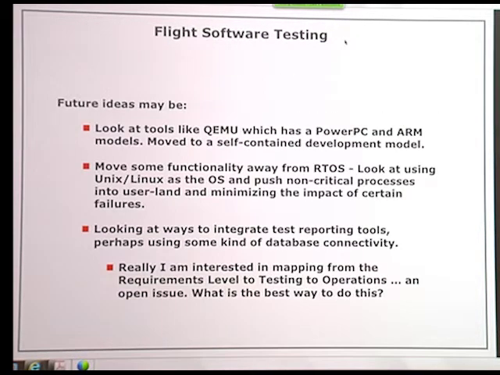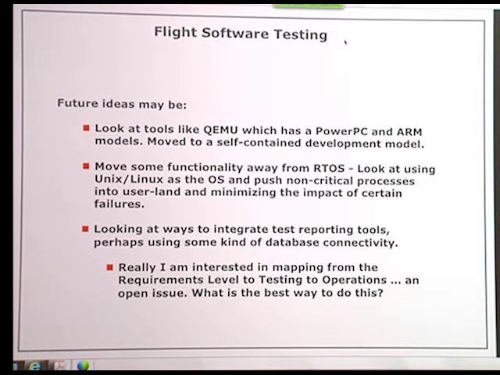And so, going on, in future ideas, I'm really interested in sort of improving this process. So at the testing level, we use a tool called WISDIS, which provides some level of fidelity in terms of being able to test software issues and address them and try and resolve them.